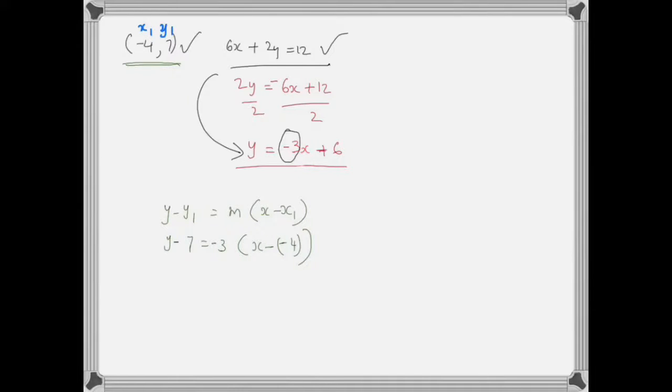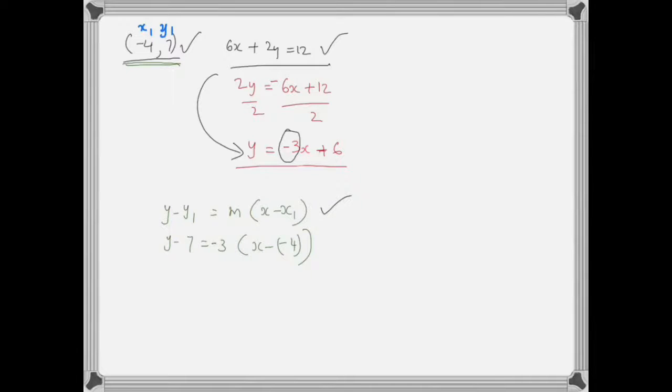So applying the value of the slope in this equation, and from this point you know the values of x1 and y1. So y minus 7 equals the slope m, which is negative 3.